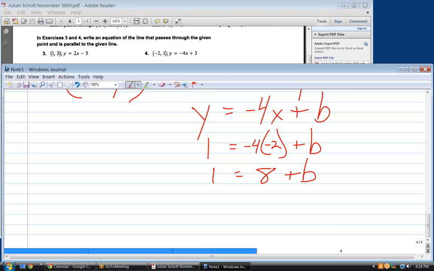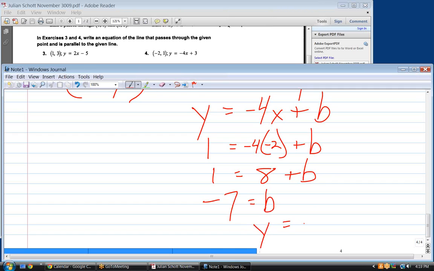Right now, b is being added to 8, so I have to do the opposite. I have to subtract 8 from both sides of the equation. So what does that make b? -7. There you go.